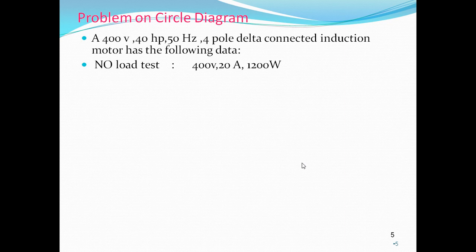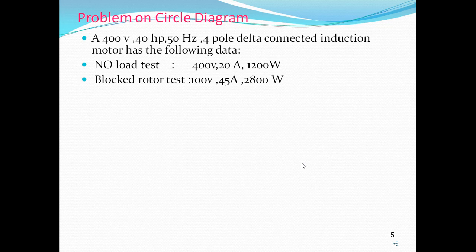Here you can notice the voltage reading is 400 volts, which means the no load test is conducted at rated voltage. 20 amps is the no load current and 1200 watts is the no load input. Next he has given the blocked rotor test.